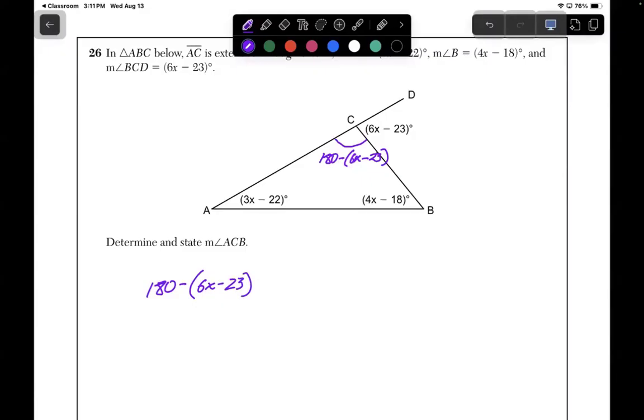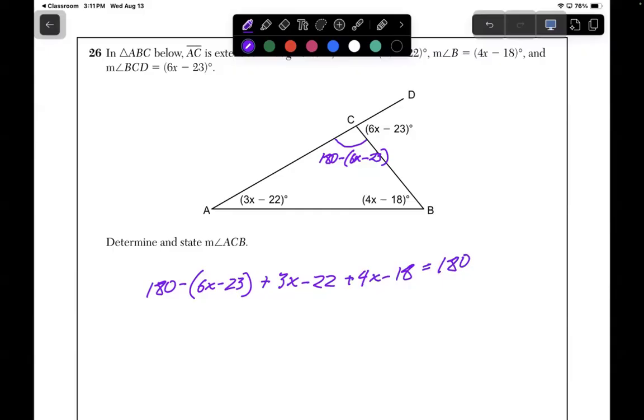Is everybody okay with that? That's this angle here. Okay, assume yes. And then I'm going to add the other two angles, 3x minus 22 plus 4x minus 18. And those three angles have to all equal 180 degrees.